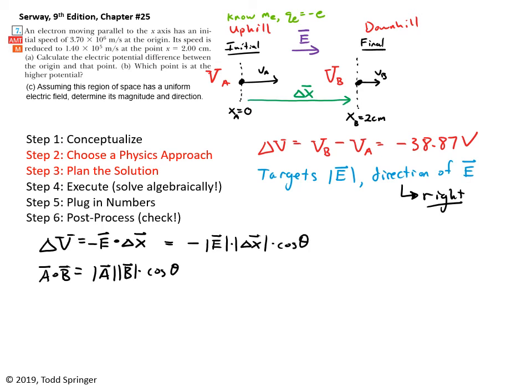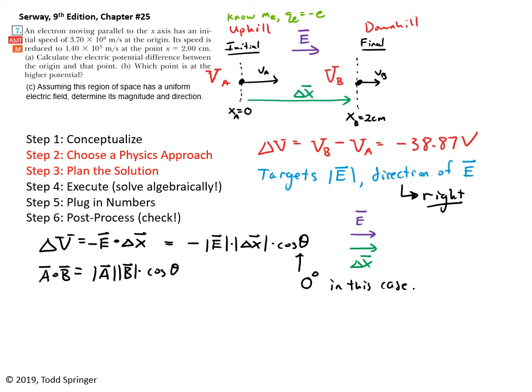And what is the angle between those two vectors? Well, they're both pointing to the right. Delta X points this way, and E also points this way. So theta is going to be 0 degrees in this case.